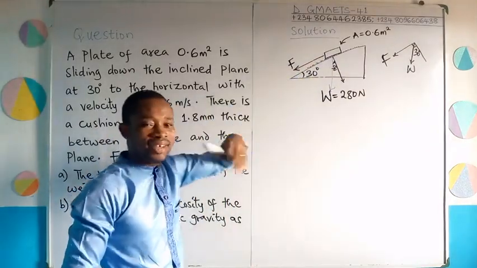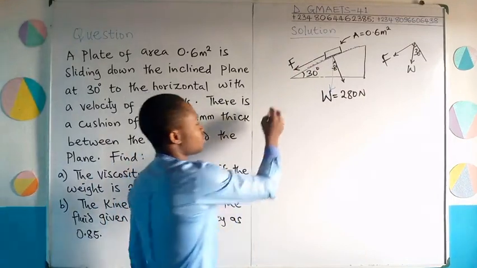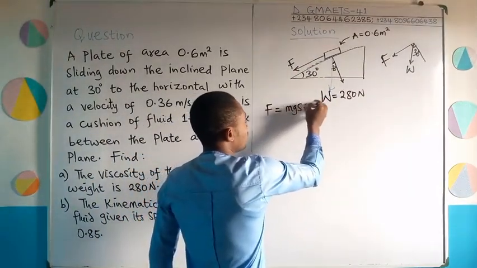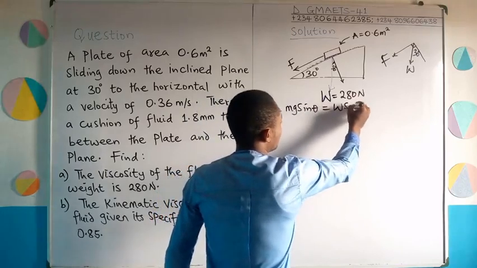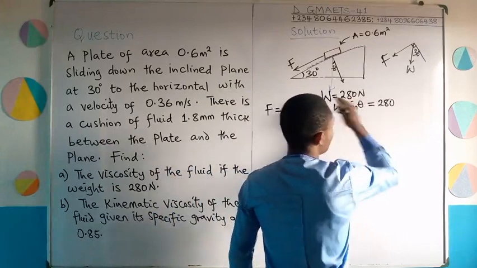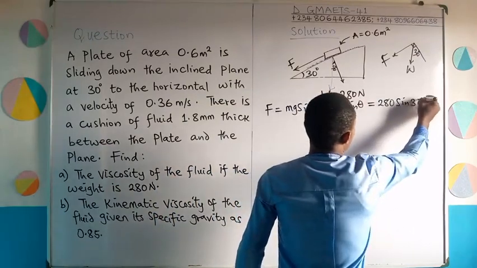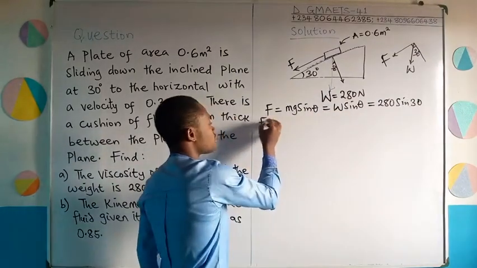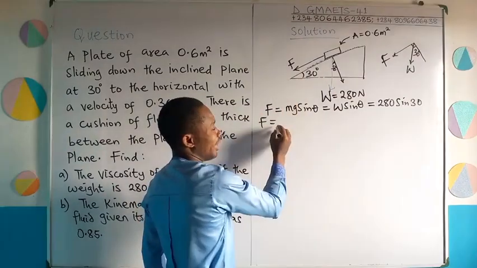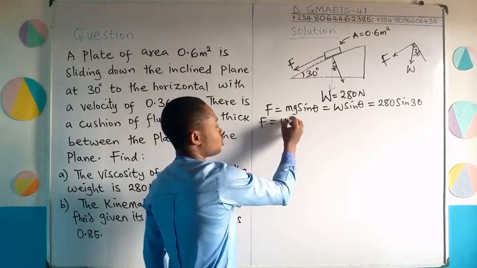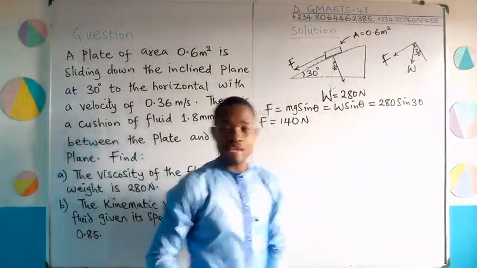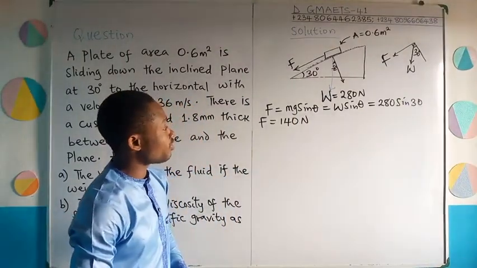From our dynamics knowledge in physics, F is equal to mg sine theta, which is the same as W sine theta. If I do that, I can quickly get it to be 280 times sine 30. And then the force pushing the plate down, acting parallel to the plane, is 140 Newton. Sine 30 is 0.5, times 280 is half of 280, which is 140 Newton.